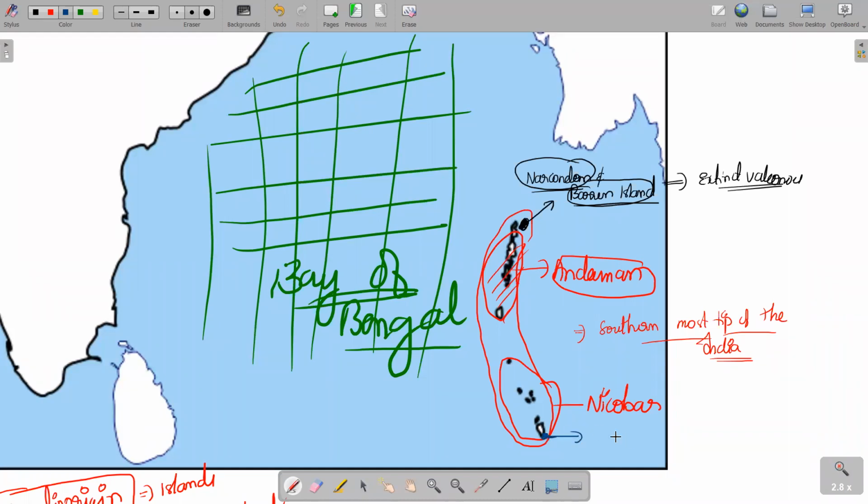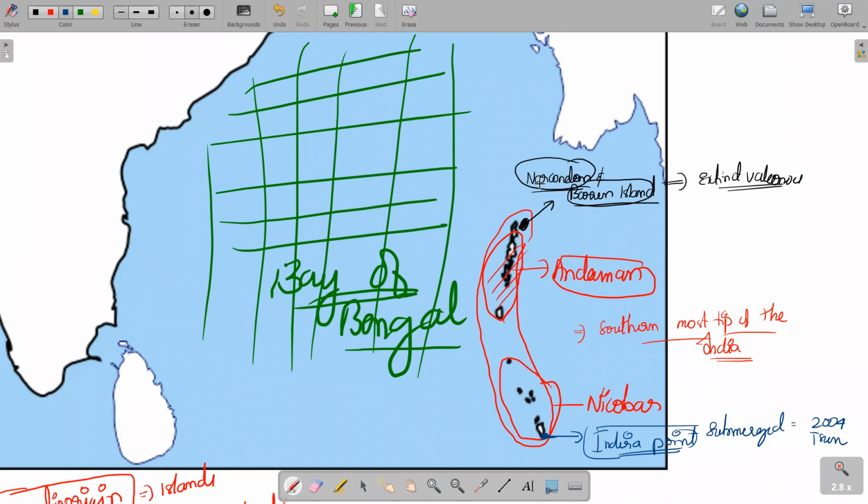This area at the bottom is called Indira Point, which was submerged during the 2004 tsunami.